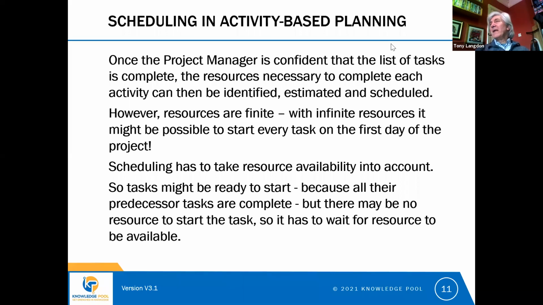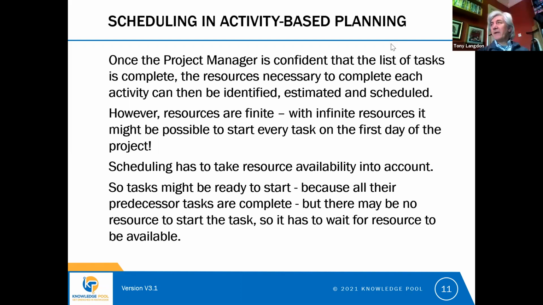So in a large organization, there might be a particular expert, and that expert might be working on 3 projects, and you may finish all the tasks and be ready for that expert to start. But if they're still tied up with an earlier project, then you won't be able to start the task that you want that expert for until the expert becomes available.